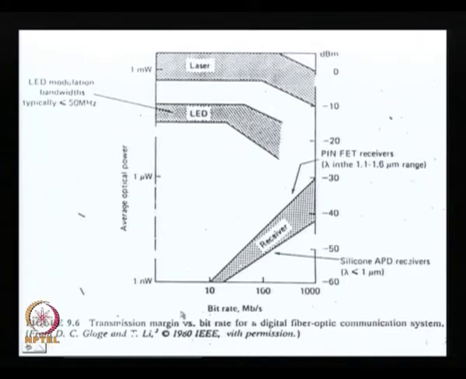As you have seen earlier, for an LED you can get a power of 100 microwatt or a few hundred microwatt, but we will not be able to get more than this because of the efficiency constraints on LEDs. Whereas if you go to the laser diode, then we can get power of the order of a few milliwatts.